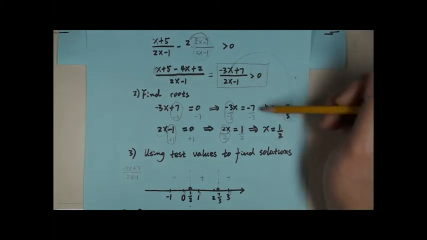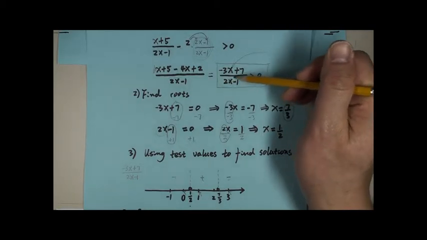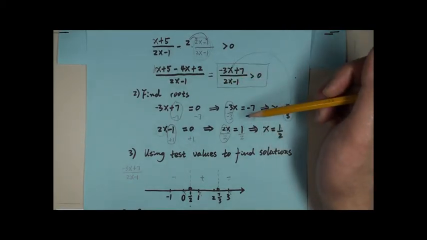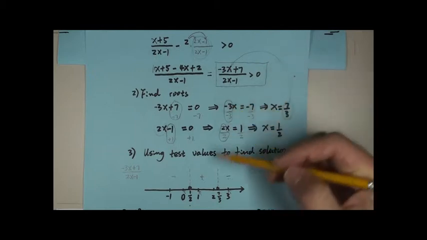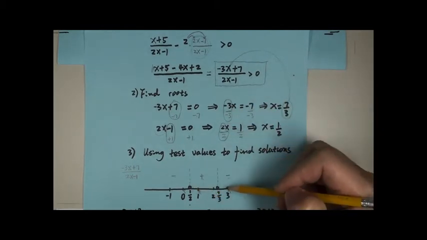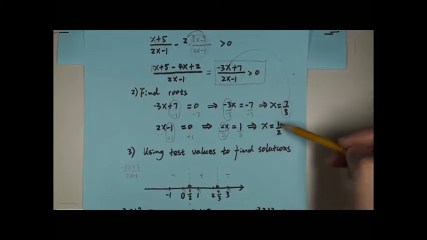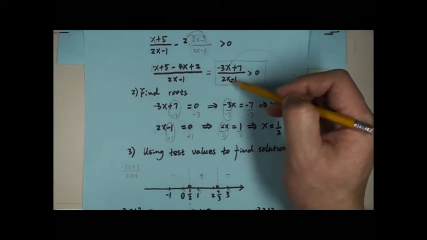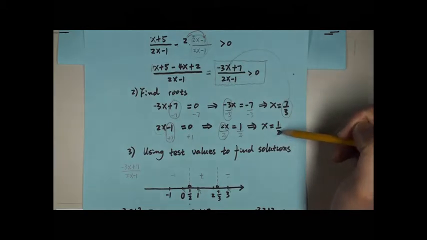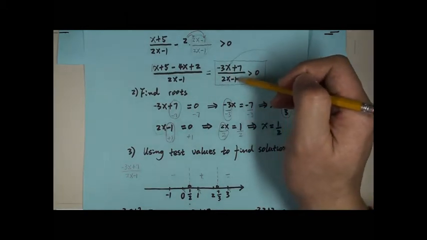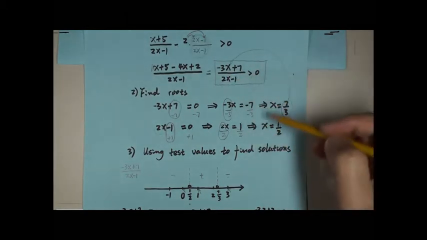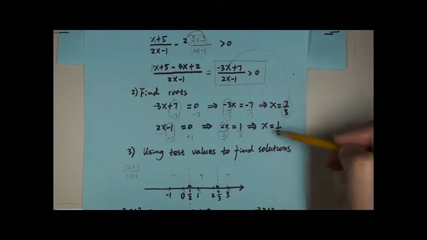Here if you put 1/2, you got denominator 0, it does not make sense. Plug in 1/2 here, 2 times 1/2, you cancel 2, you have a 1. 1 minus 1 is 0. So we know those 2 points are not included.